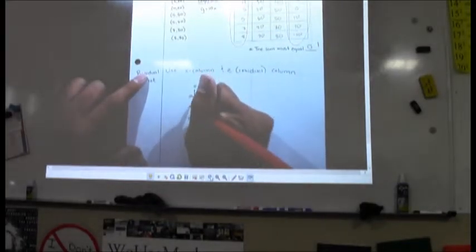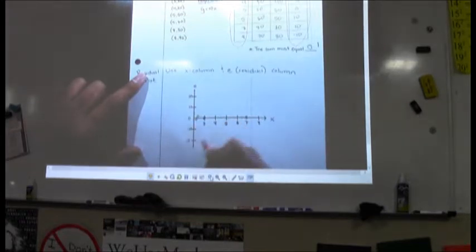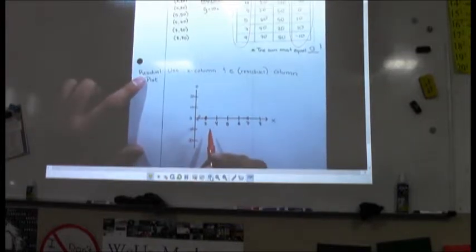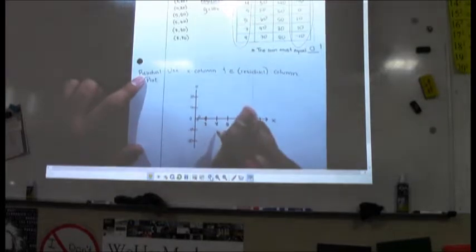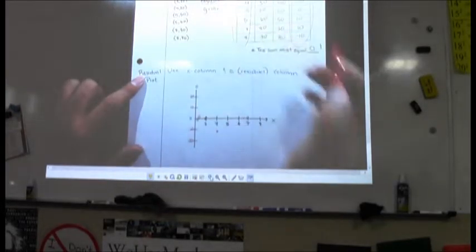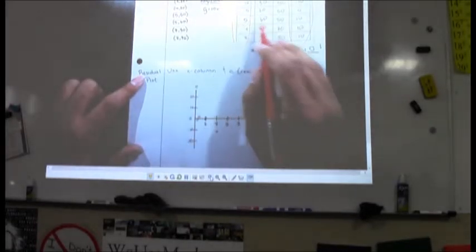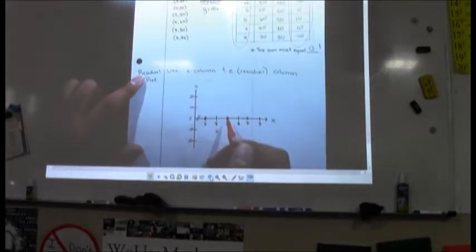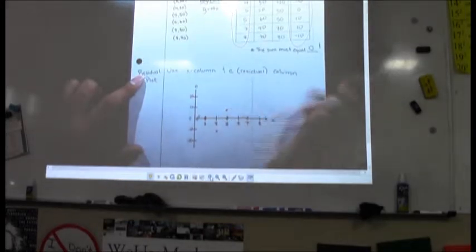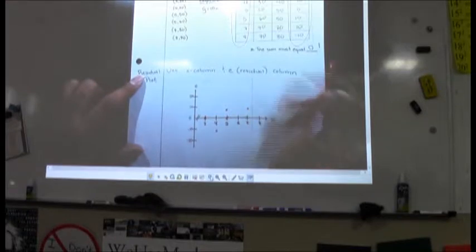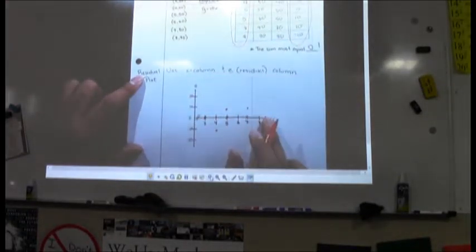Can you put a 0 underneath these? All right. So 4, negative 10 is right here. 5, 0 is the next one, on the line. 5, 10 is above it. 7, 10: go 7 on the x-axis, go up 10. And then 8, negative 10.